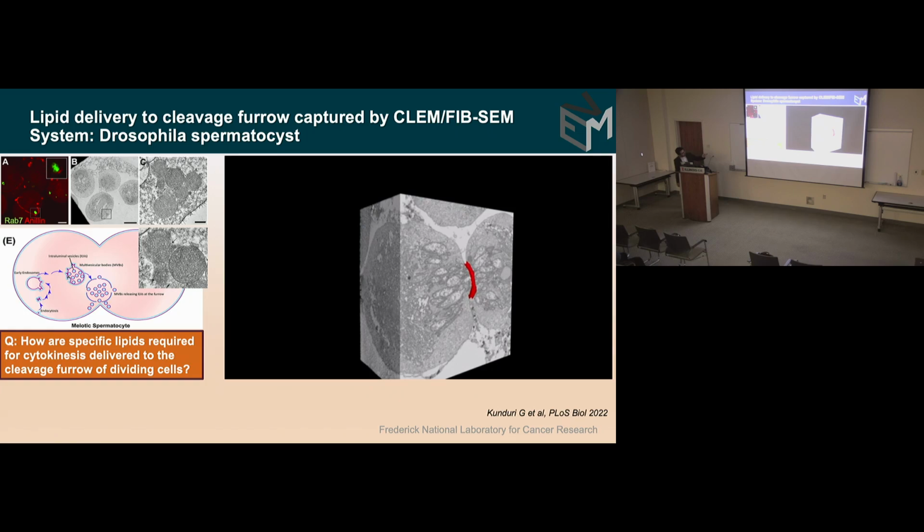They form these intraluminal vesicles, which are what these are, and the intraluminal vesicles are the ones that go right to the furrow. Once they dock, they spit out the lipids, which helps provide the extra specialized lipids to cause the cytoplasmic furrow and cytokinesis to happen. So that's an example of how CLEM FIB-SEM worked.